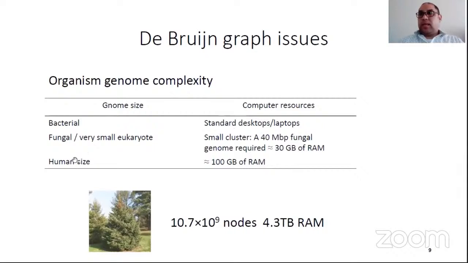However, in the case of human size, we need approximately 100 gigabytes of RAM. For more complex organisms, for example white spruce, we need more. The graph has more than 1 billion nodes, so we need more than 4 terabytes of RAM.